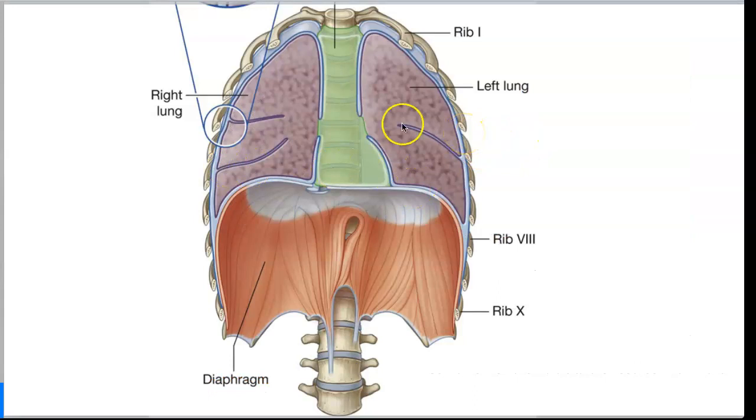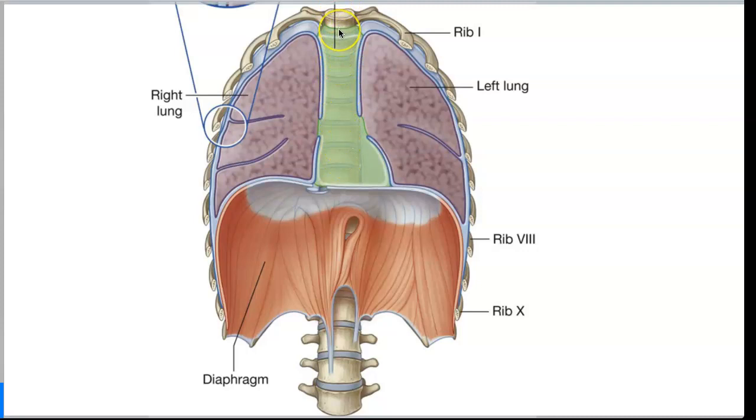Here's another picture. This is showing you the pleural cavity. It's outlining this lung here. Here is one lung, the right lung, and the left lung. They are each within a pleural cavity. This is showing you an empty mediastinum. There's nothing here.